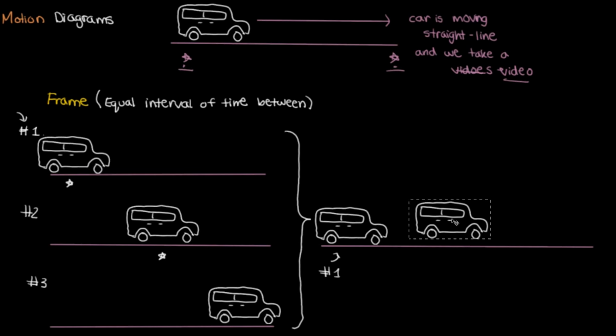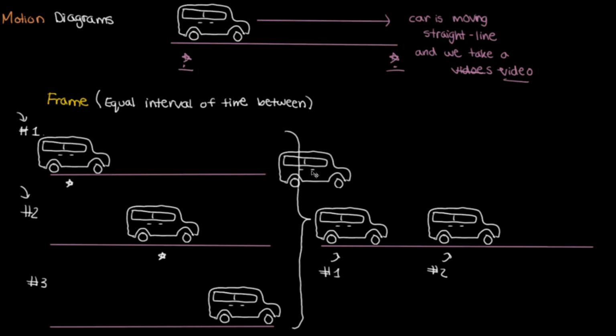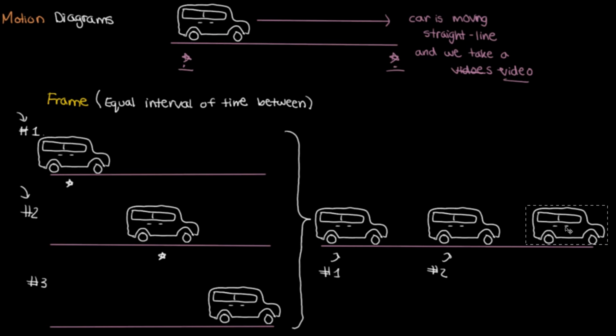Now we have the second frame where the car is in the middle, so it matches with frame number 2. So this is frame number 2 over here, where the car is in the middle. And lastly, we have when the car is at the end, and that matches with frame number 3. So frame number 3 is right here. And when we put them all together, this is what we call a motion diagram.